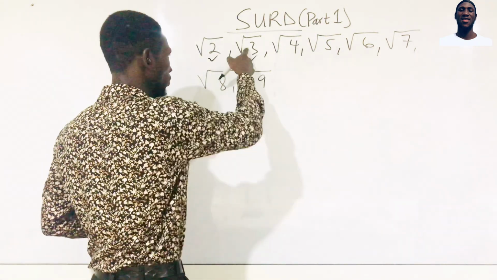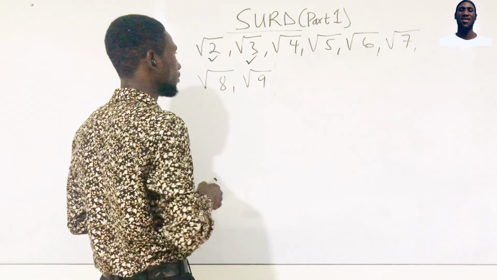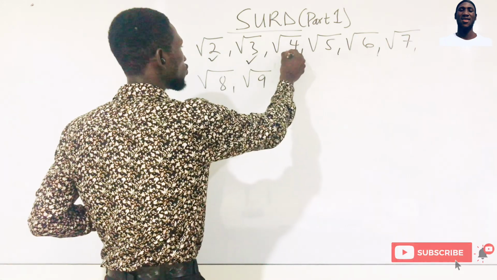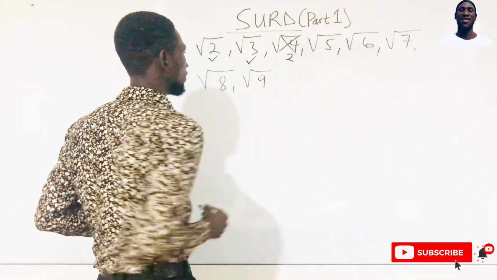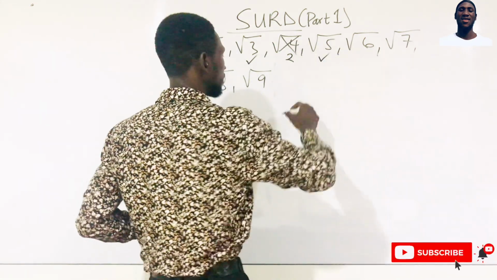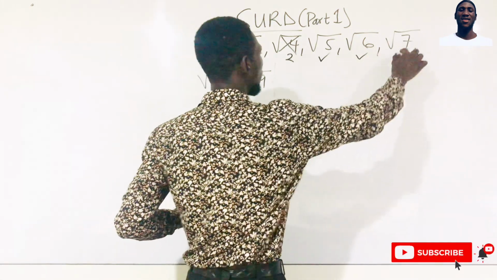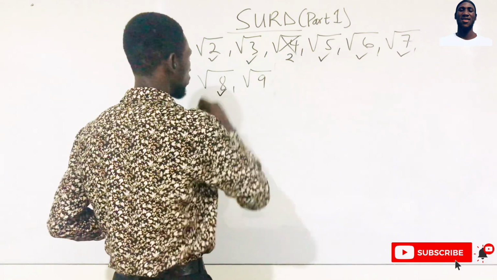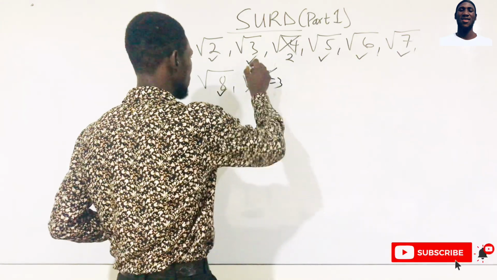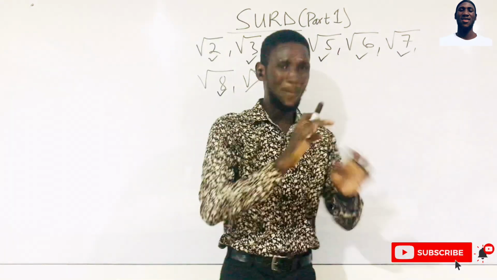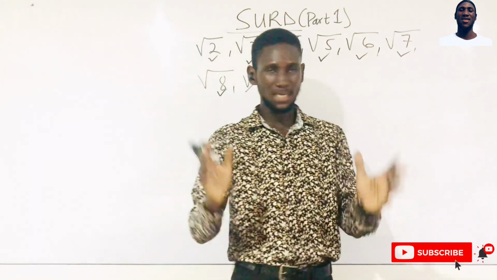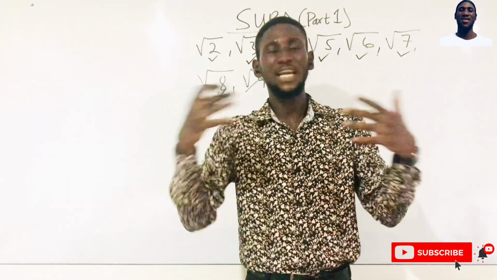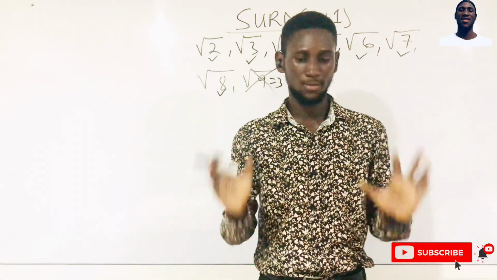This is a SHS. When you punch it, you get an irrational number. Now, square root of 4 is going to be 2, so this is not an irrational number. Irrational, irrational, irrational. Square root of 9 gives you 3, so this is not an irrational number. So basically, SHS, we are looking at values of square roots that are irrational numbers.